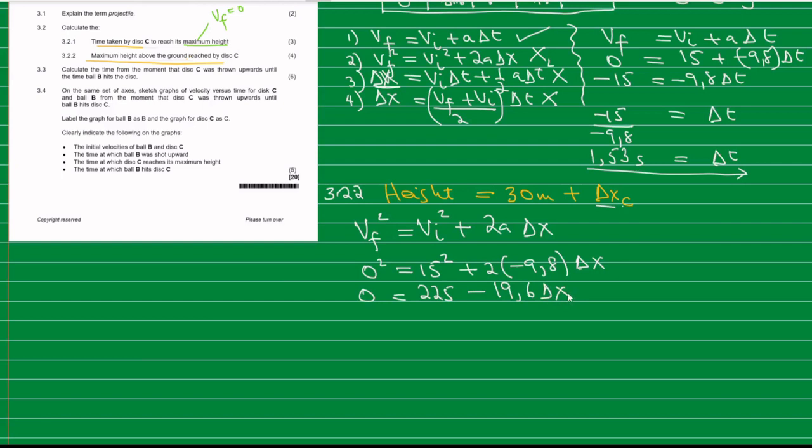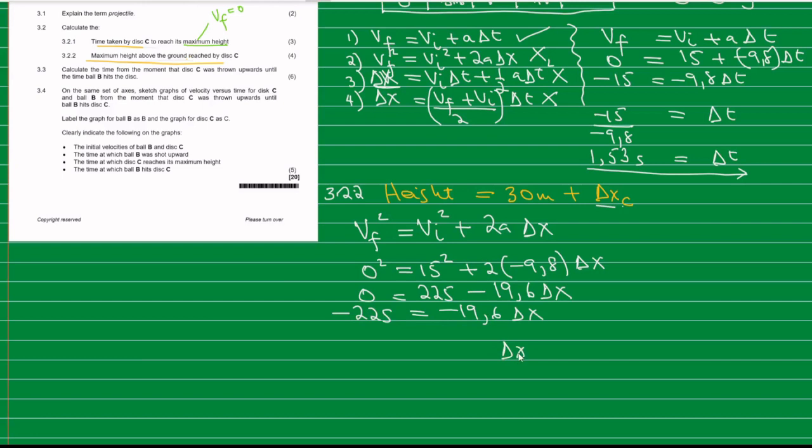I'll just continue here. Take this one over: negative 225 is equal to negative 19.6 delta X, divided by negative 19.6.